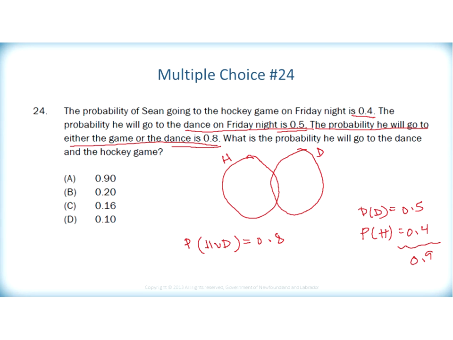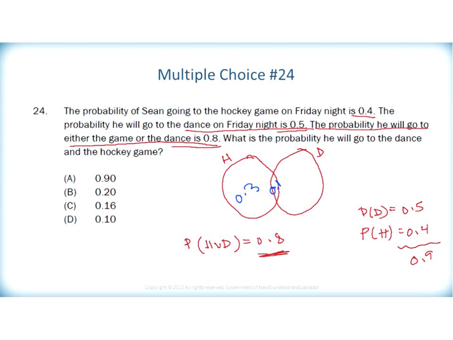Yet, the chance he will go to either is 0.8, giving us these events are non-mutually exclusive. It's going to give us 0.1 in the intersect, giving us the probability he will only go to the hockey game would be 0.3.